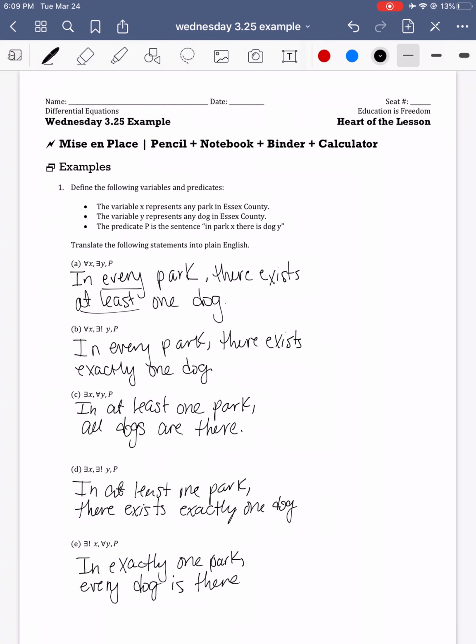So that would be each statement. Again, there are a few different variations that you could have here that say the same thing depending on your verb usage or your prepositions. As long as you're saying roughly the same thing, that's fine. As long as you have those quantifiers in there and the sentence makes sense, then you're good to go.